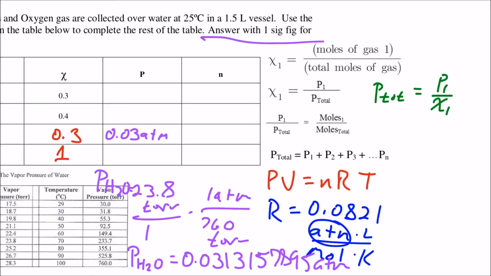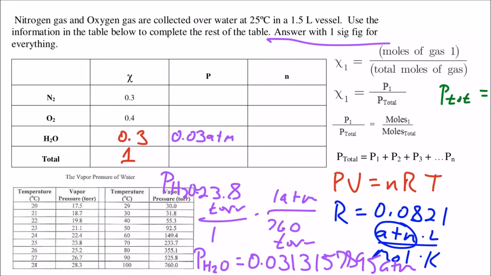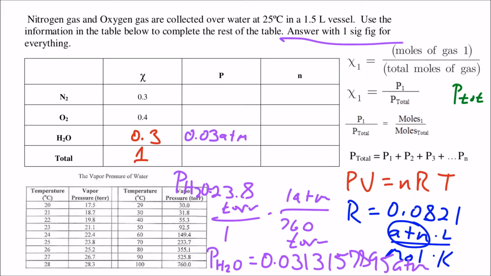So that's what we're going to do with water. The total pressure of the sample here is going to be the individual pressure of water divided by the mole fraction of water. And you want to use the big long number, not this rounded one, because then that's going to mess up our answer later on, okay?